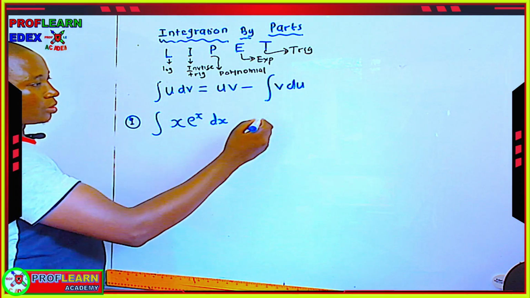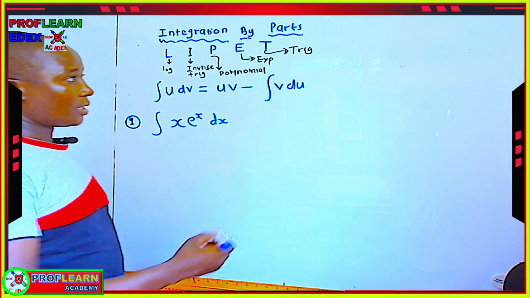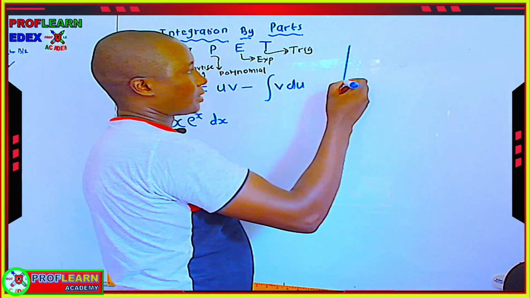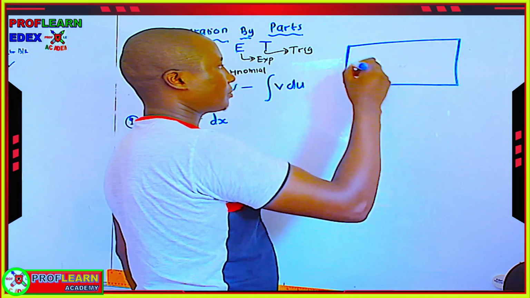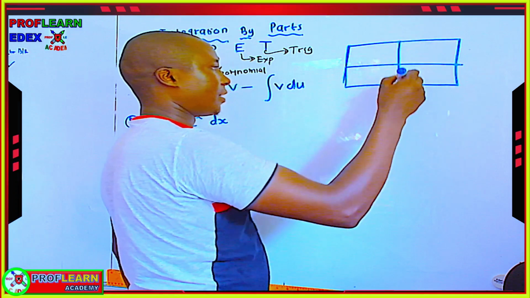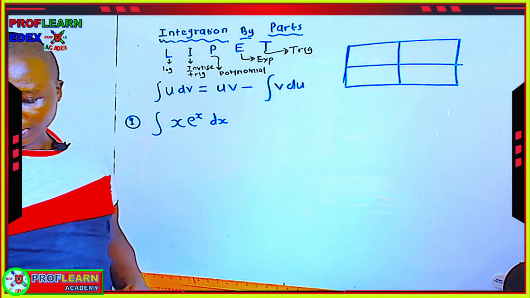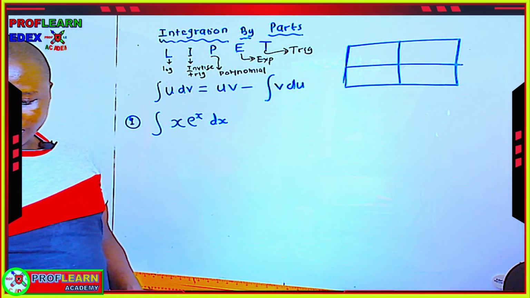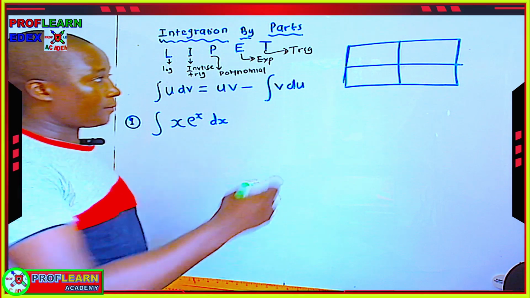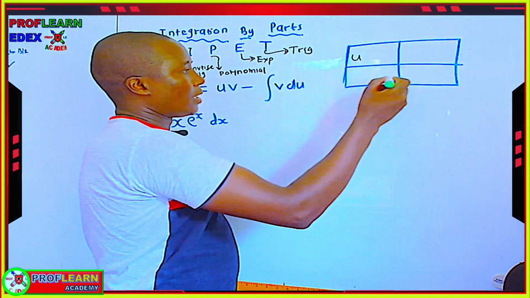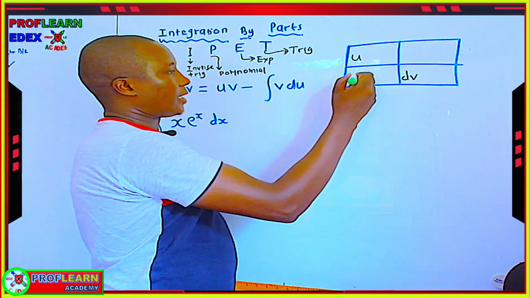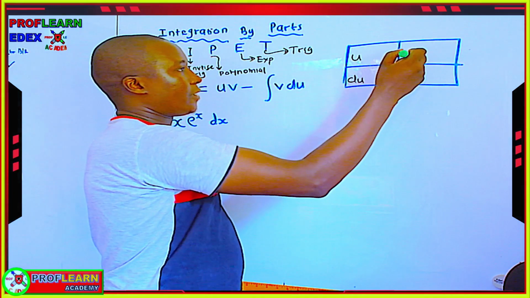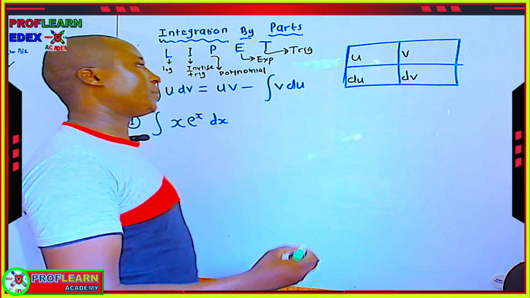This is one of the questions that we're going to integrate by parts. And when you're integrating by parts, this table is going to be very important for us. So we are going to have a table that looks like this. In one part, we are going to say this is u, and then this one is going to be dv. Then here we shall have du, and here v at this given point.